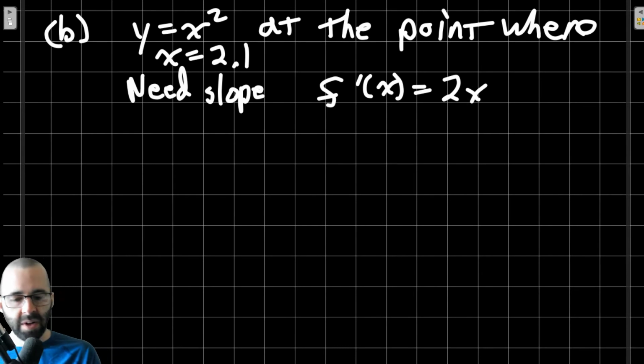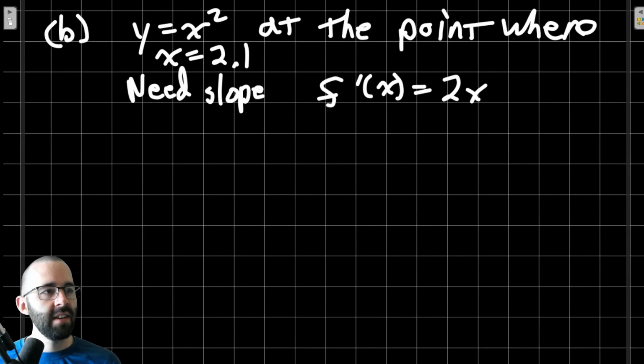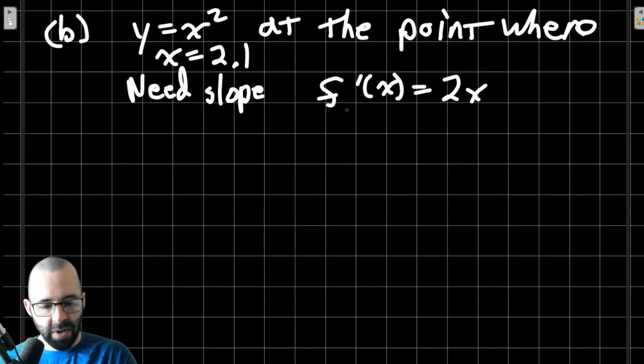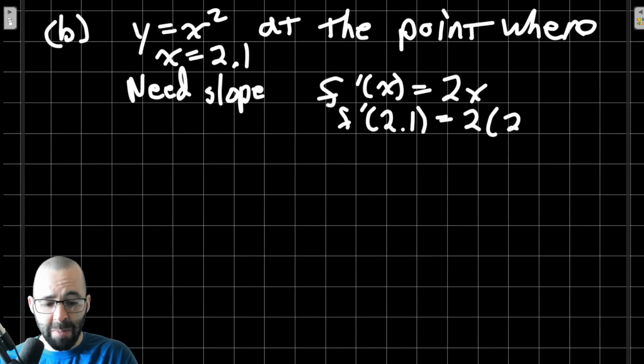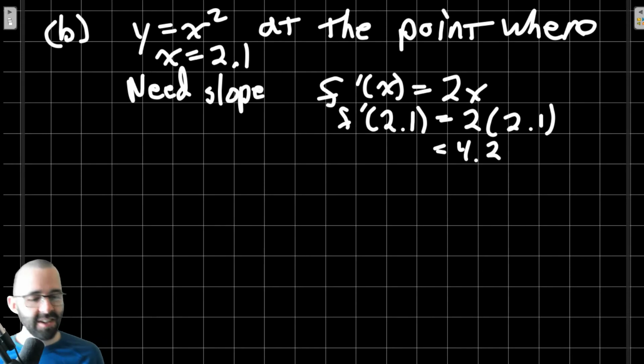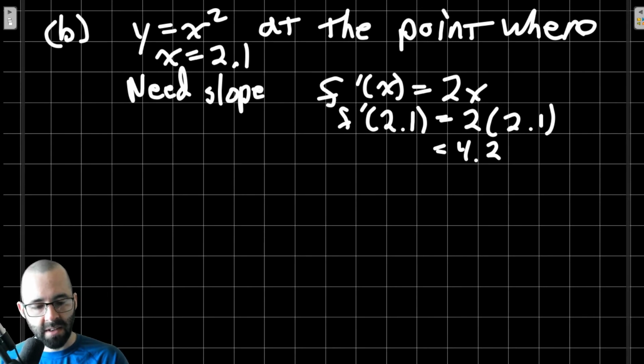And here is the point where x is equal to 2.1. So we have to plug in x is 2.1. That's where we evaluate the function. So it's 2 times, I believe, a positive 2.1, which when you work that out becomes 4.2. That's our slope.